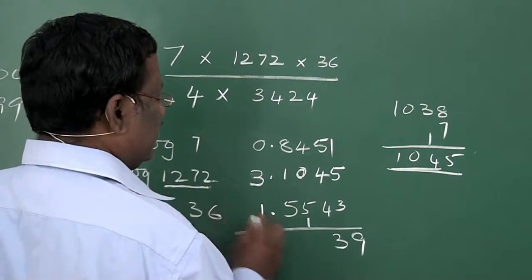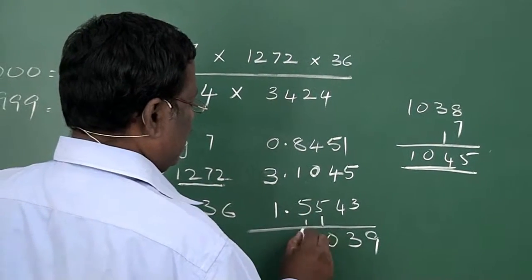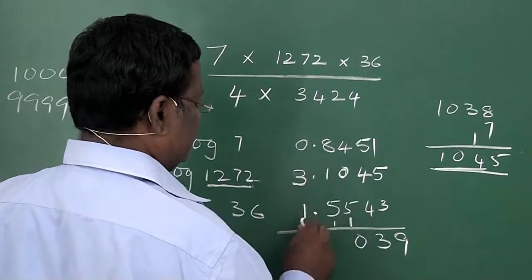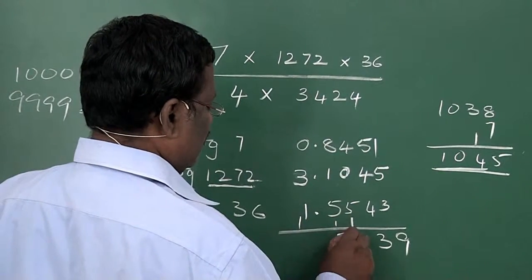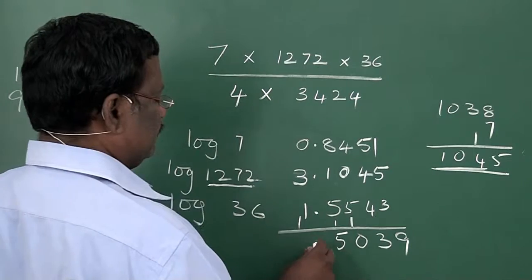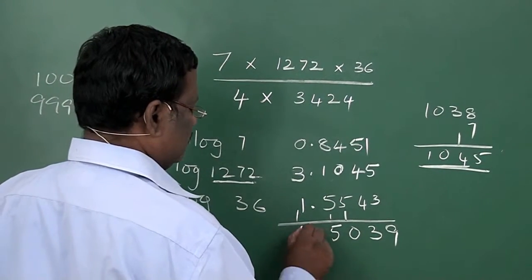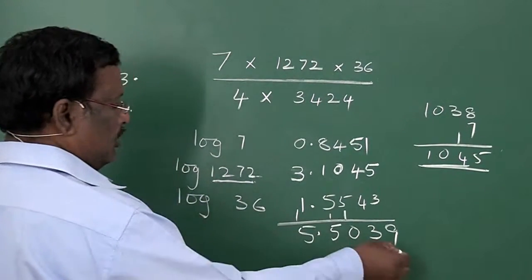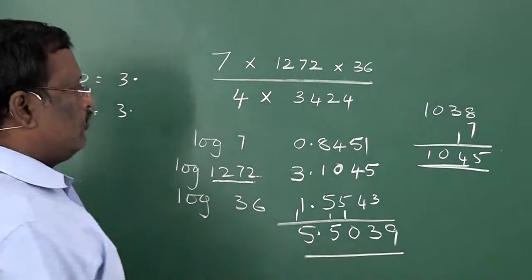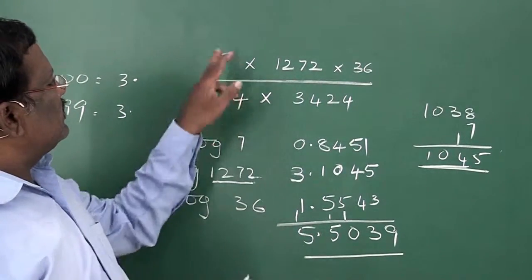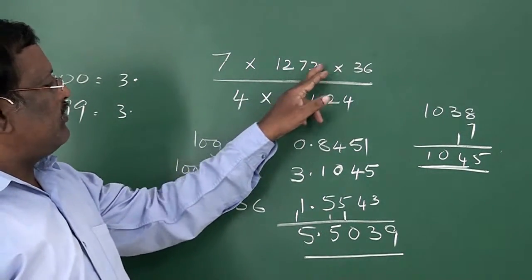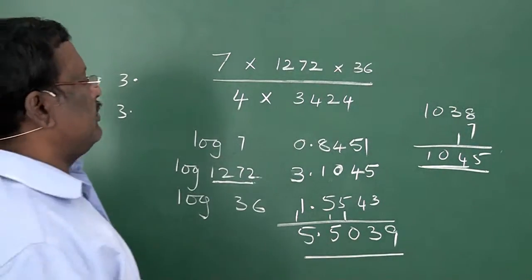Eight plus 5, 13, 10, 7, 15, 5. So this is the log value for the product of 7 into 1272 into 36.